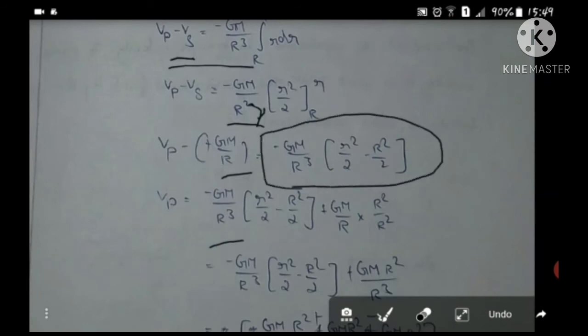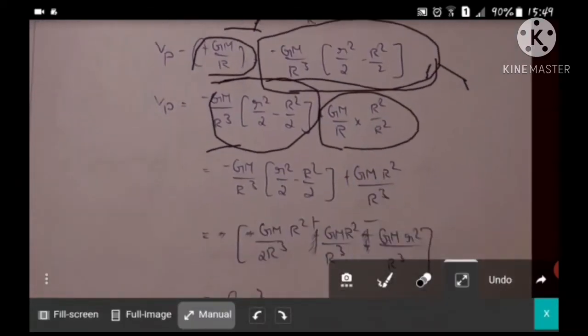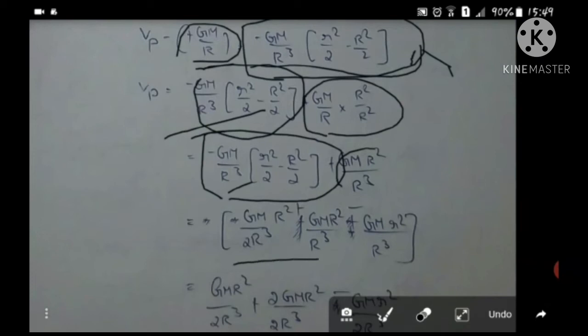We write this as it is, and this will be transposed to this side, and then we multiply and divide this value by R square by R square, and then we get minus GM. Here keep this value the same, and here we get plus GM by R square by R cube, and then if we add the three of them, we get this value.